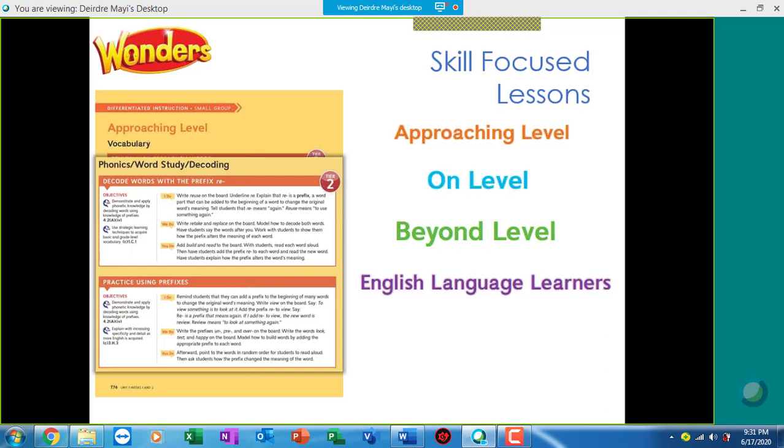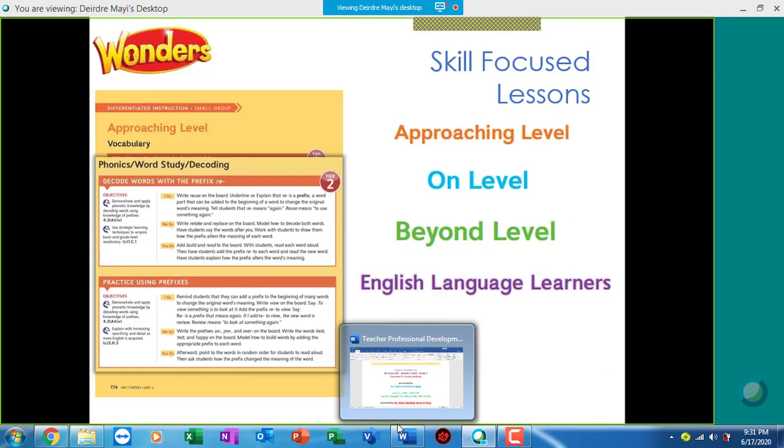You will see lessons for approaching level, on level, beyond level, and English language learners. Please remember, these are teacher-led small group lessons. So these are not activities that the students are just going to do on their own. You will see that there are more lessons for approaching level and ELL than there are for on and beyond level, but that is as you would expect.